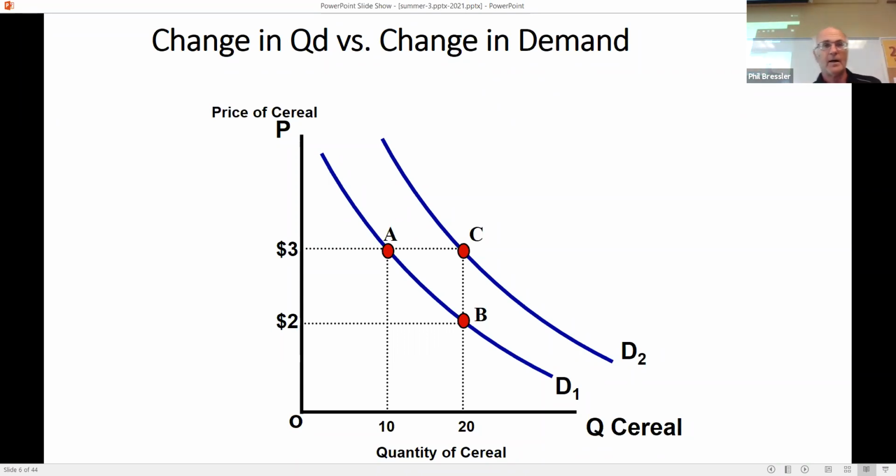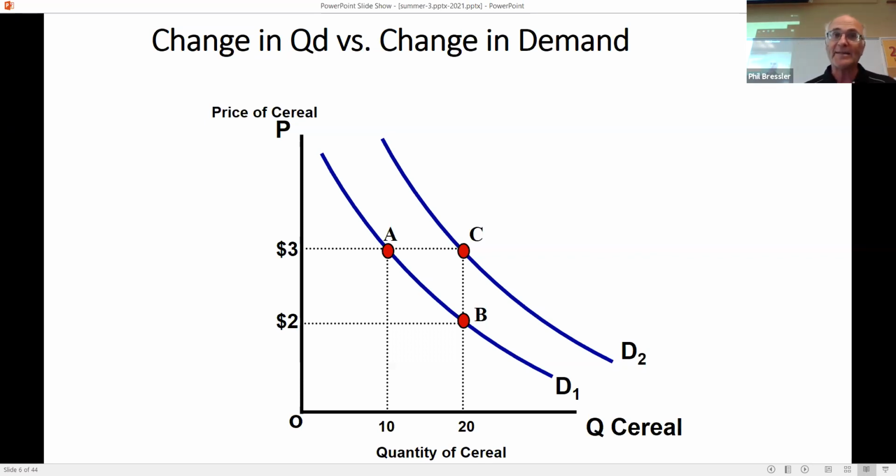All right. So remember I said earlier, price does not shift the curve. So look what happens. When I go from $3 to $2, I just slide down the curve. So at that given spot at point B, there'll be an increase in what we call quantity demanded.